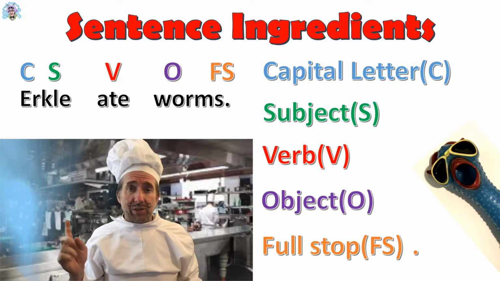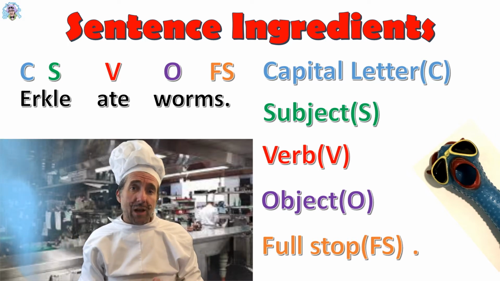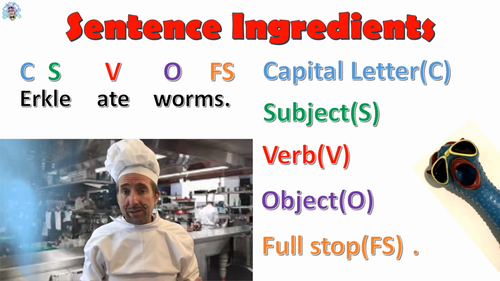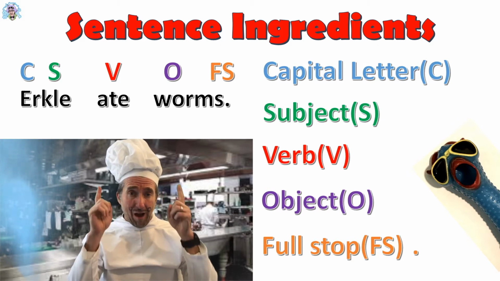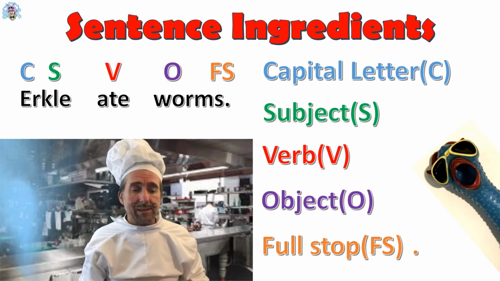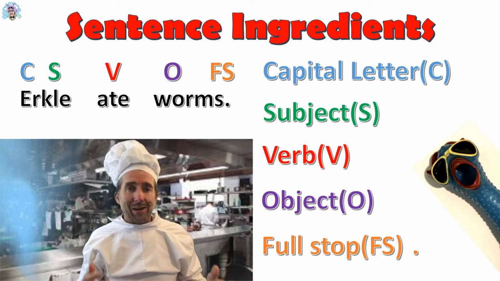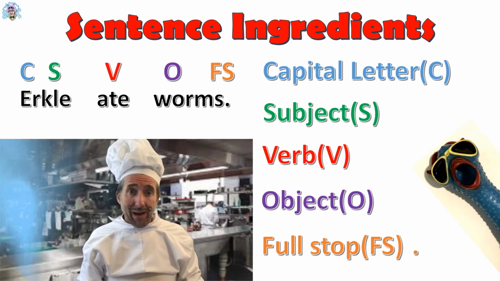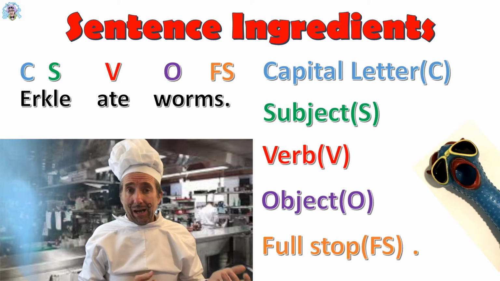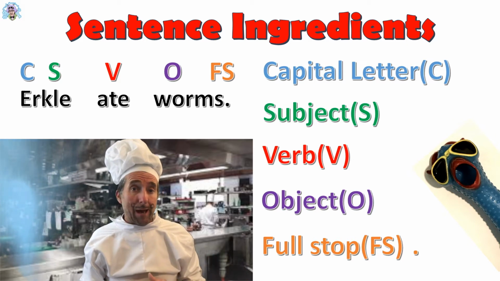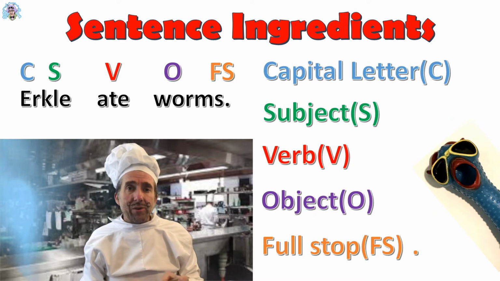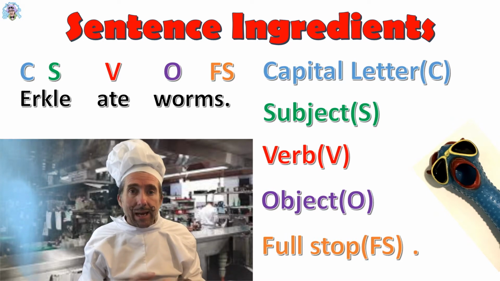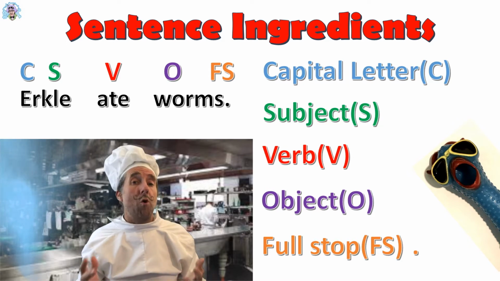Now, next to each of those ingredients, I've got letters that I'll use to symbolise where they are in a sentence. For example, above me, I have a sentence that says, Urkel ate worms. Now, I've put a blue C where the capital letter is, and all the other letters are where the other ingredients are in this sentence. But we'll talk about that more later.